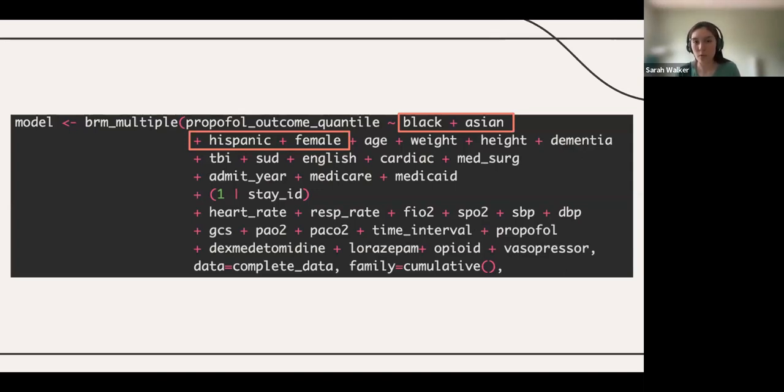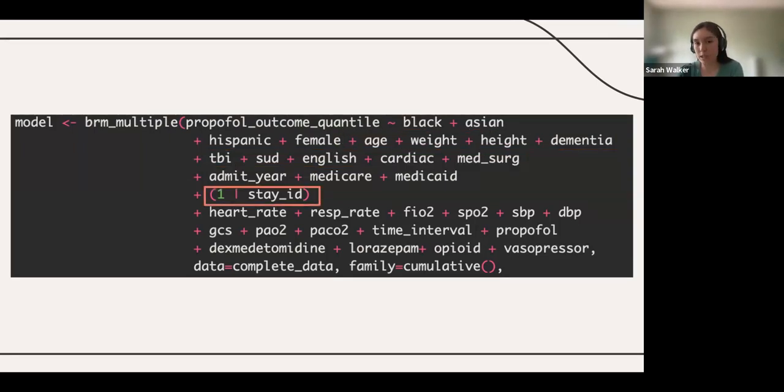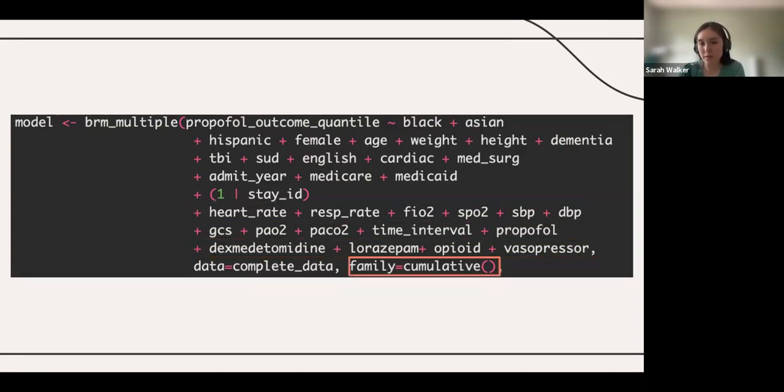And it's the same reason why we only have female as opposed to female and male. And then we have our baseline variables. This part indicates that we're clustering by stay ID, or the patient's stay. And then these are our time varying variables. And this family equals cumulative indicates that we're using an ordinal logistic regression.